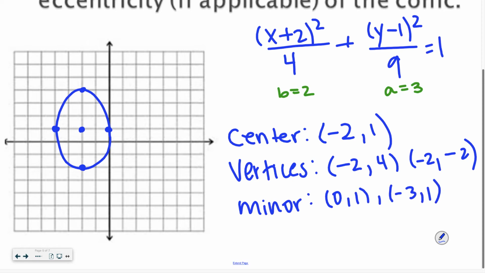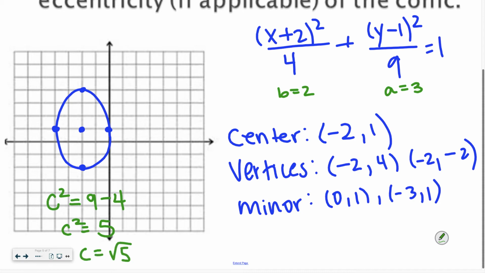Okay, I graphed it and then I went and identified all the points. If c squared is a squared minus b squared, 9 minus 4 is 5.